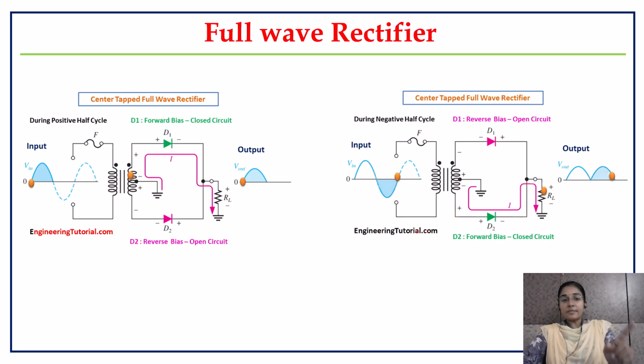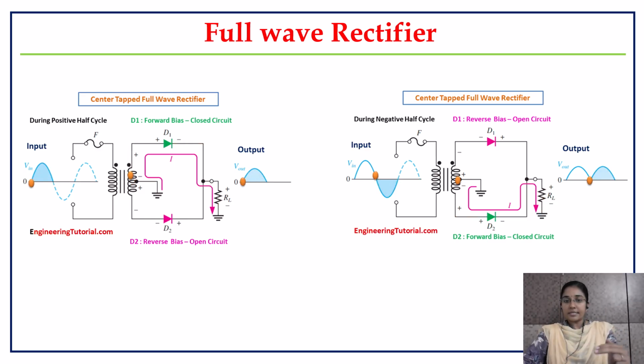Whenever I am giving my signal in the positive half cycle, that signal moves towards my diode D1. Initially the polarity of diode D1 will be plus, and for diode D2 it will be minus. So I am giving the positive half cycle to diode D1, which means the input is plus and the polarity of the diode is also plus.